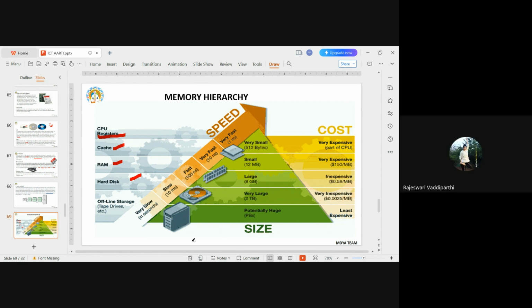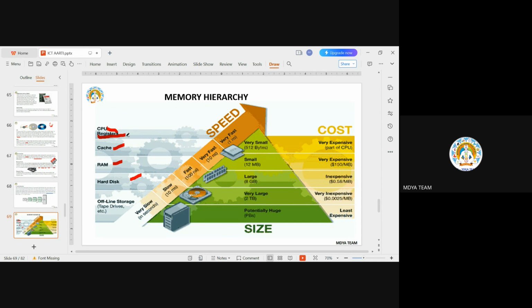So you have to understand that the CPU directly accesses the registers. Registers are only used for very small information, like the address of that portion or that text.